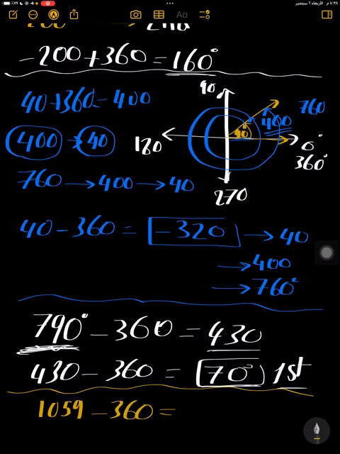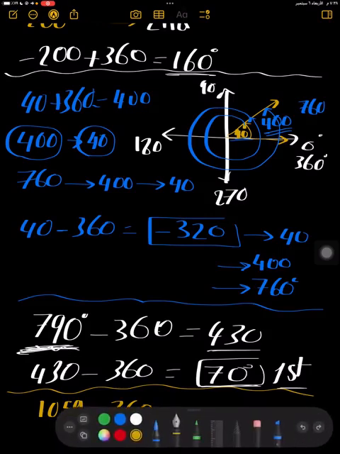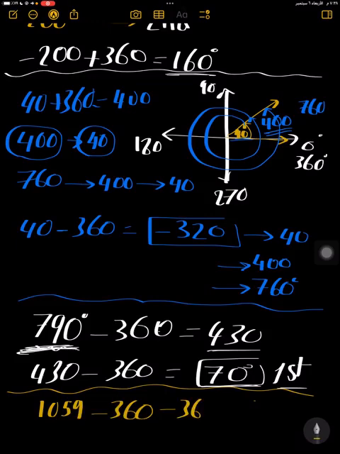Make minus 360 again. You can make minus 360 two times. The result is 339. Now this result is between 0 and 360. 339 is less than 360 and more than 270, so this directed angle lies in the fourth quadrant.